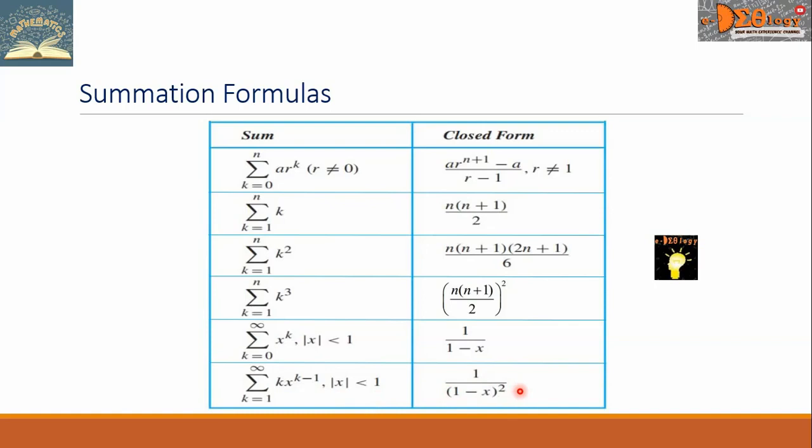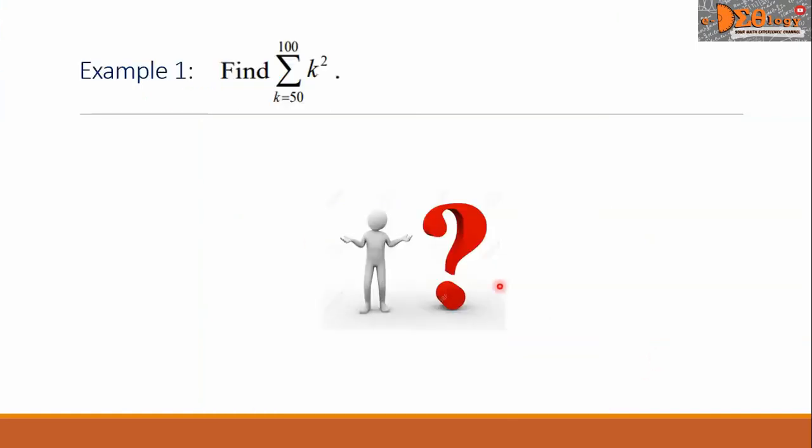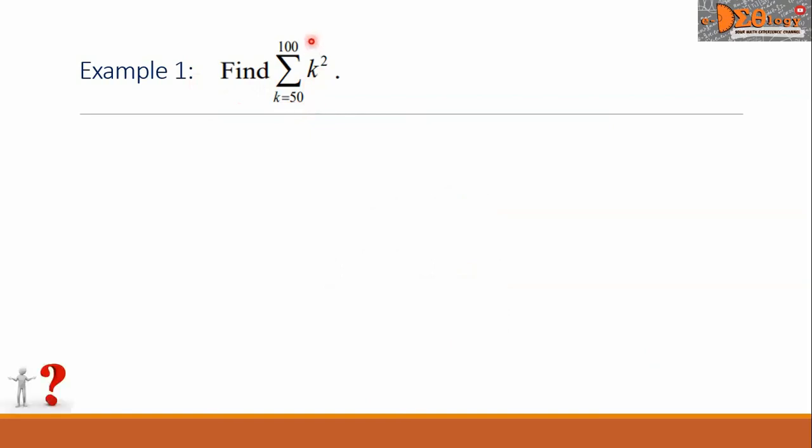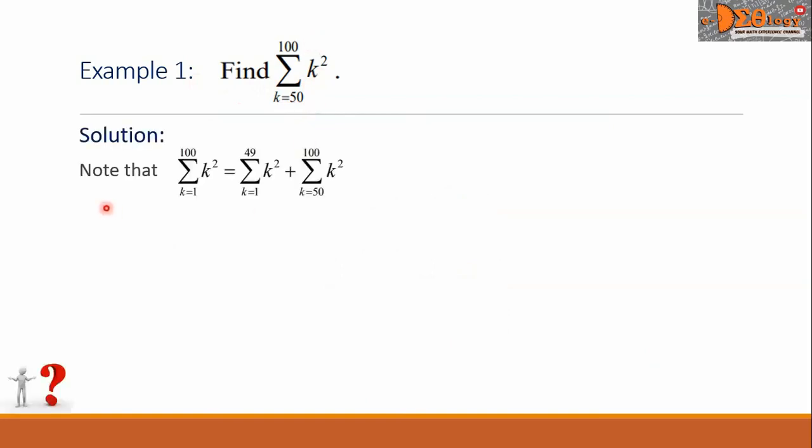Let us see some examples. Example 1, find the summation of k square, where k equals 50 up to 100. Take note that summation of k square, where k equals 1 up to 100, is equal to the two summations here.